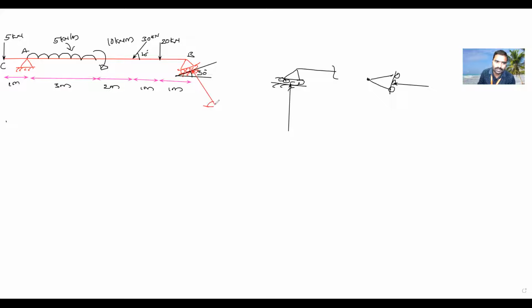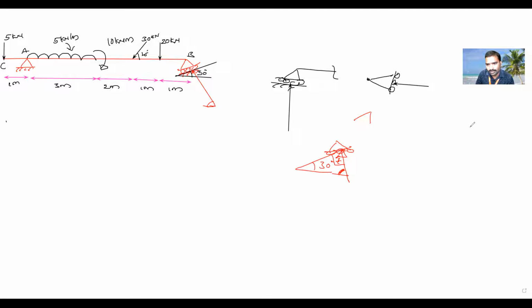Can you tell me? Yes, 30. The reaction is 90 degree to the support. If this is 90 degree, this is 30, and what about this one? 60 degree. Are you getting?